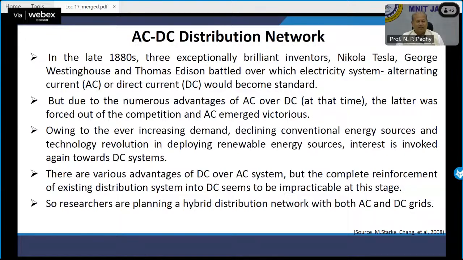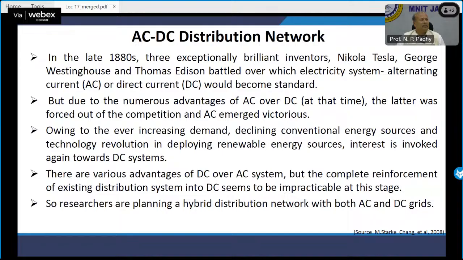But due to numerous advantages of AC over DC, the latter was forced out of competition and AC emerged victorious. Owing to the ever-increasing demand, declining conventional energy sources, and the technology revolution in deploying renewable energy sources, interest was invoked again in DC, and the world in the year 2013.